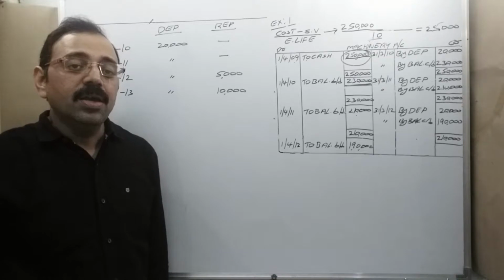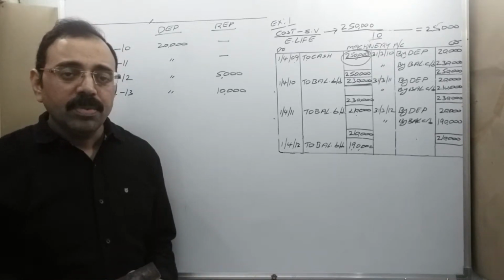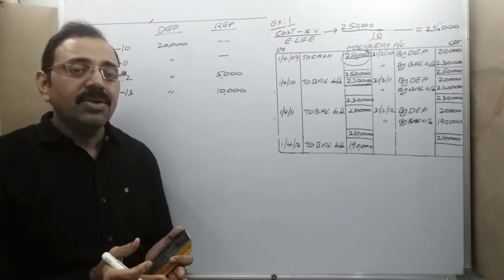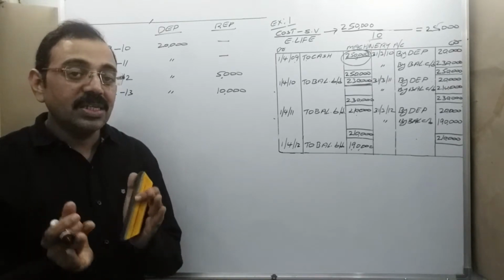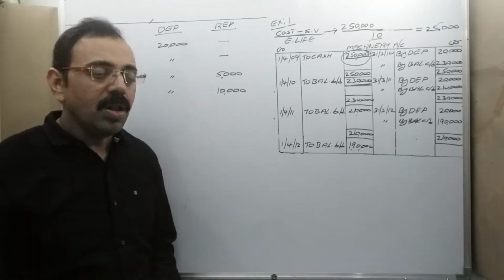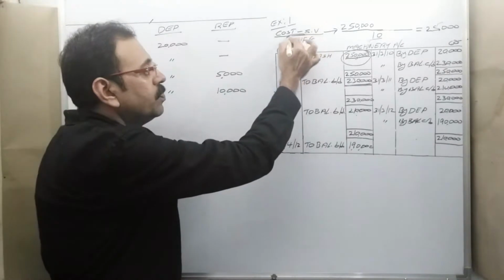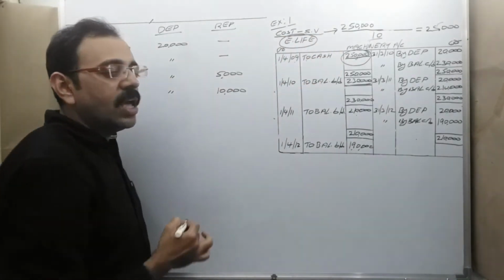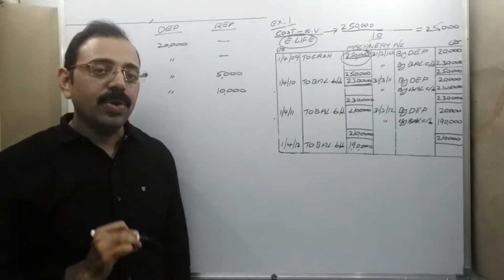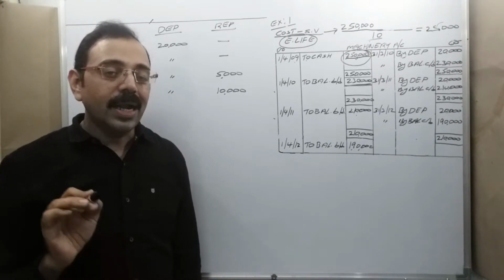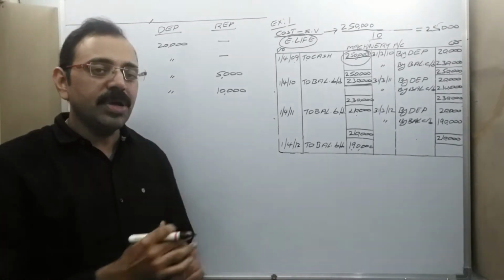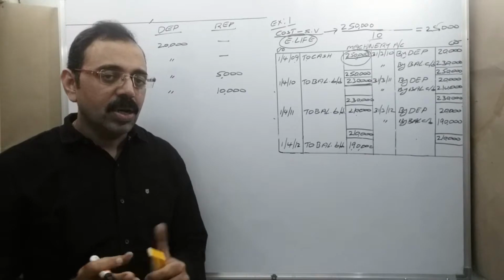Then finally, I think you have understood on which type of assets we can provide depreciation under Straightline method. First of all, we should be able to estimate the life of the asset with accuracy. On that type of assets, we can use this method. What are those assets?